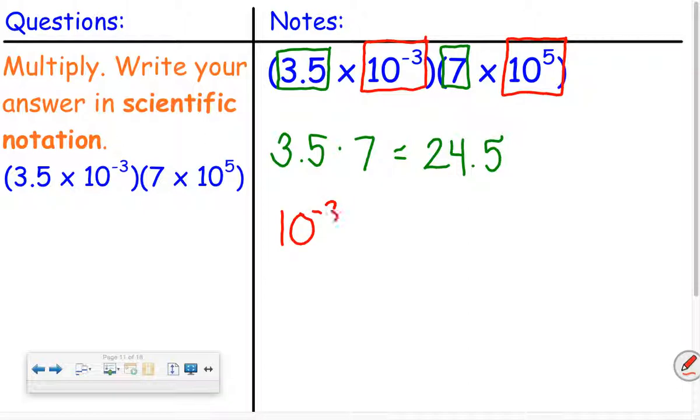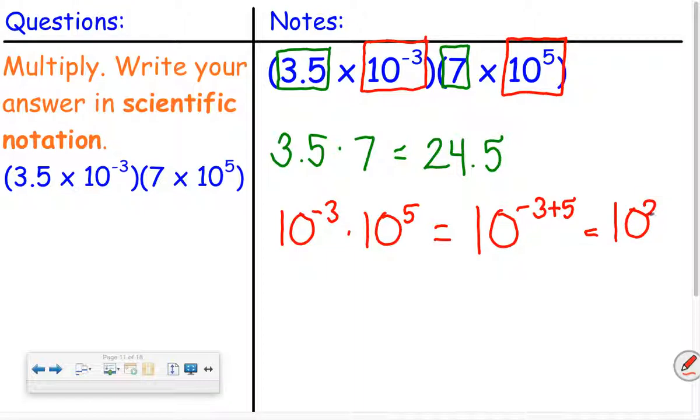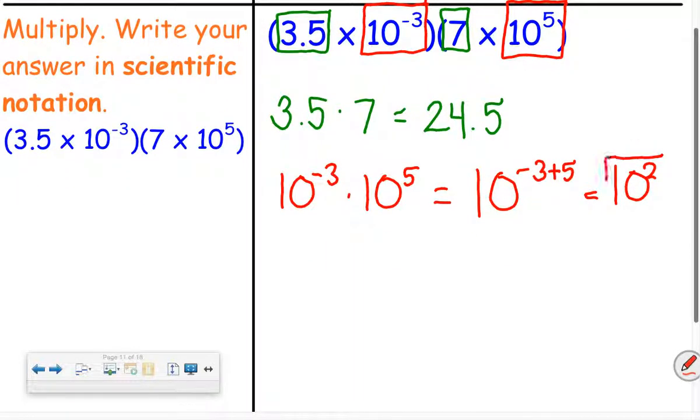So negative 3 plus 5 would be 2. So if I put those together, I have 24.5 times 10 to the 2nd power.